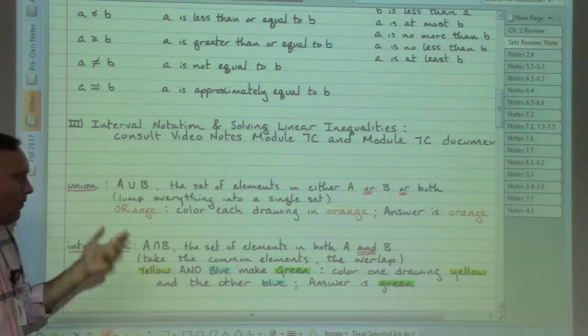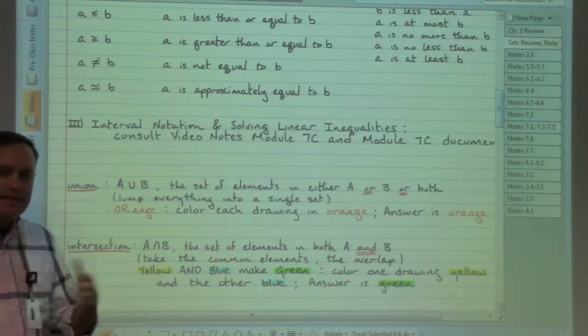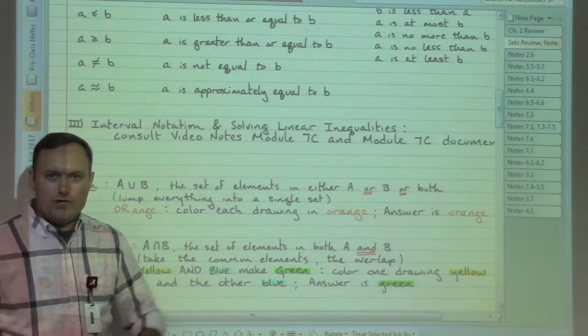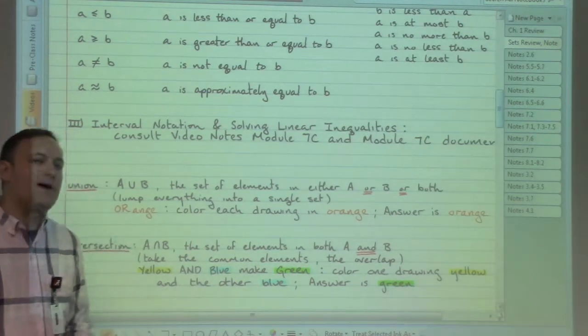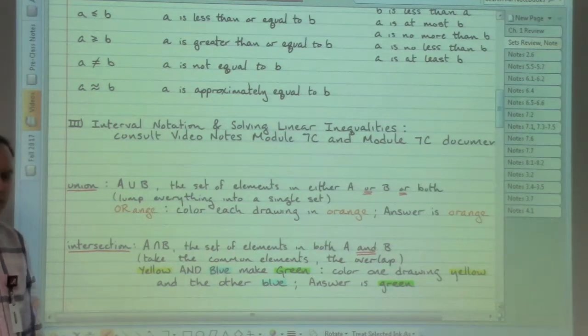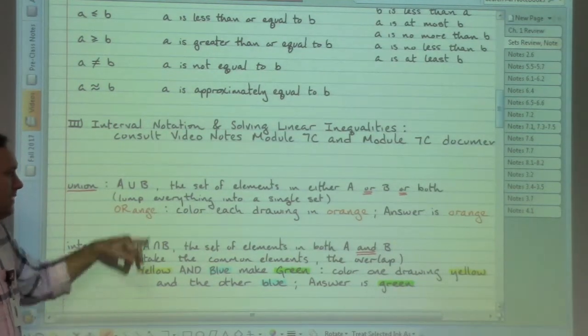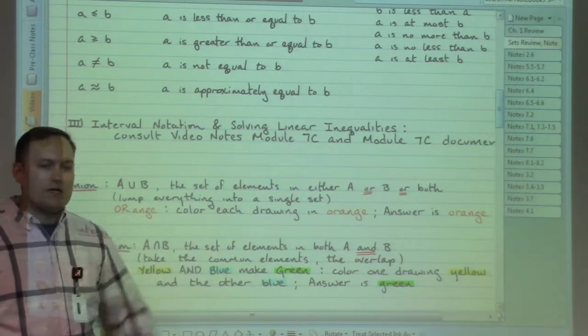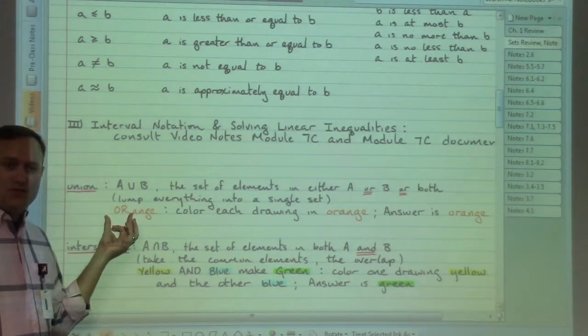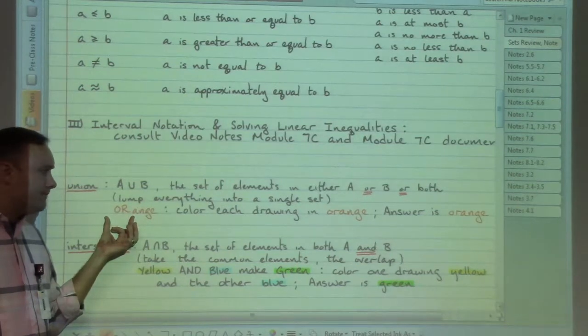Nonetheless, what we've got going on here is anything that's in A, we shake into a box. Anything that's in B, we shake into a box. So it's everything just combined together, and that gives us at least a little bit more of a practical feel for what's happening here. So we're going to lump everything together into a single set. The key word that can show up here that connects to the union is the word or.